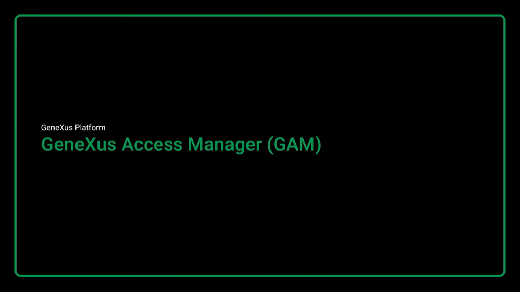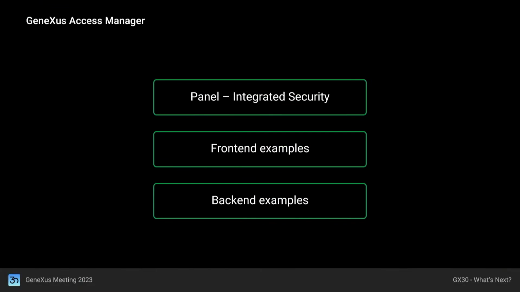Then we have another product, GeneXus Access Manager, or GAM, which simplifies security issues for the back office. It simplifies login, permissions, and so on. GAM is already available for the Angular generator. You need to activate it in the KB.